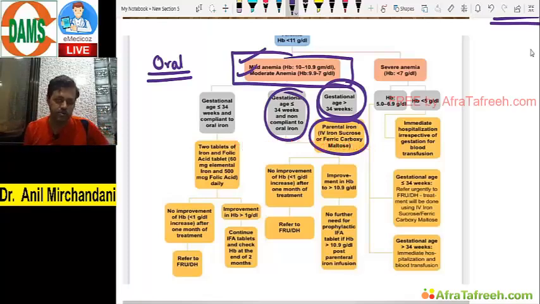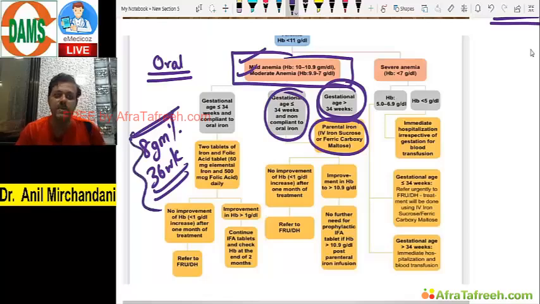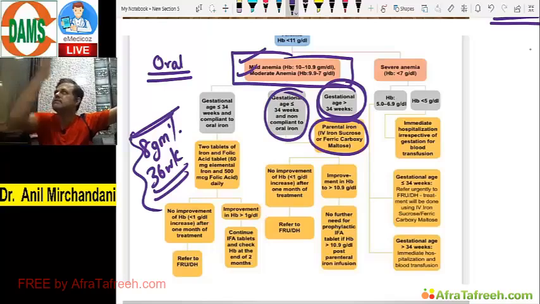Am I clear? So let's take a patient who has 8 gram % and she is 36 weeks pregnant. There is no need to give her oral iron. She might take it or she might not, and she will come back to you at 39 weeks with 8 gram %, 40 weeks with 8 gram %, and you will think, why didn't I start injectable iron?